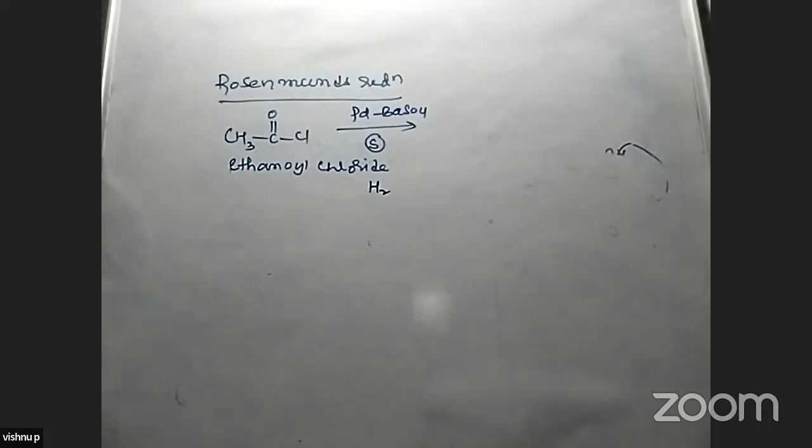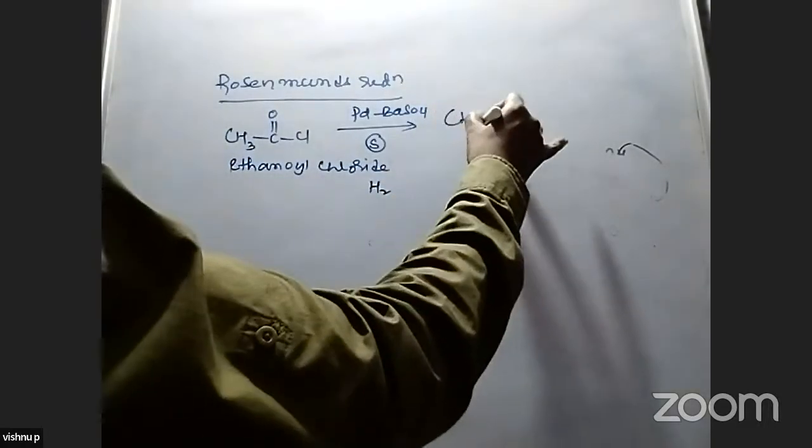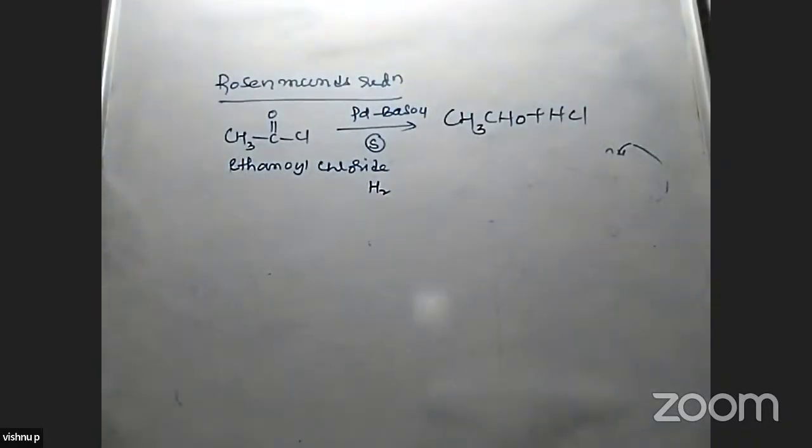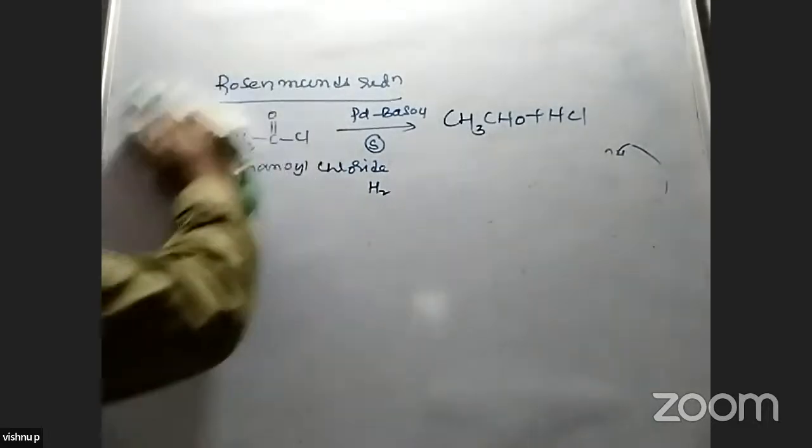But when we use sulfur as a catalytic poison, or barium sulfate, only a few hydrogens are released. What type of compound is formed here? CH3CHO with HCl. So the reaction stops at the aldehyde stage only. This is Rosenmund's reduction method, used to prepare only aldehydes, not ketones.